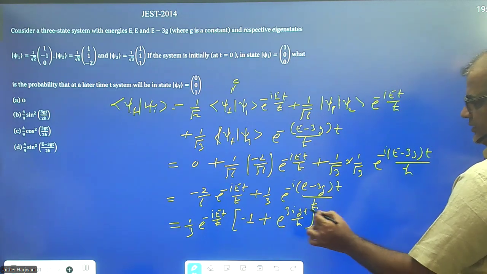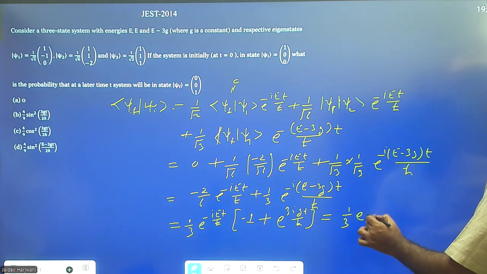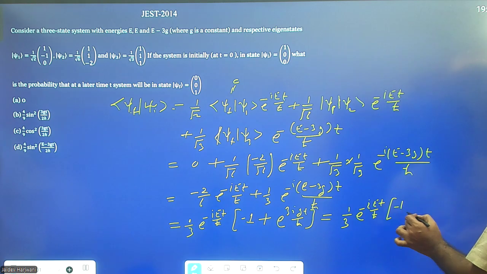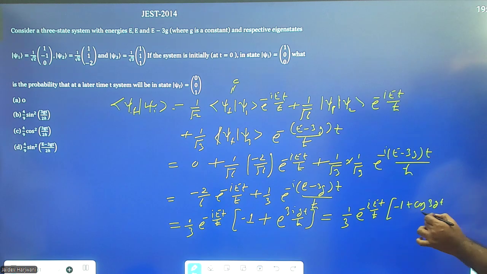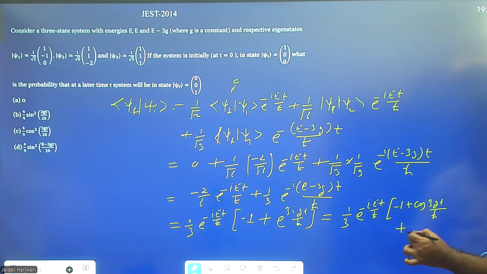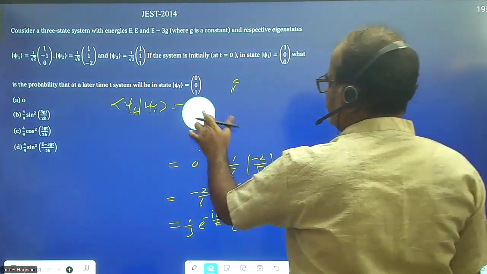And if I solve it further, this gives me 1 upon 3 e power minus iota t upon h cut, and minus 1 plus cos 3gt upon h cut plus iota sine 3gt upon h cut. Now we just have to take the amplitude. We have the amplitude. Now we just have to take the probability.